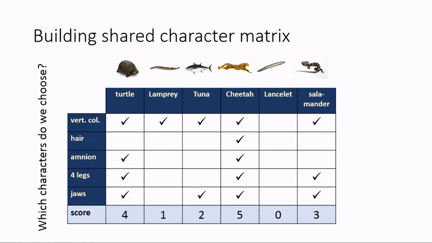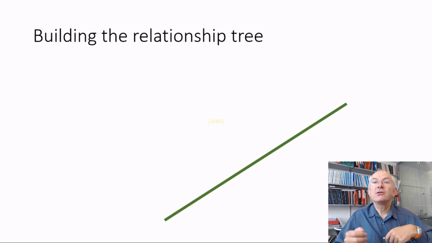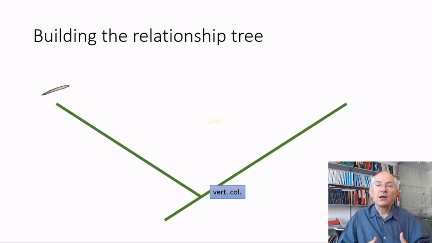We can usefully display this matrix in a tree, a relationship tree, which enables people to start at the bottom when they go out in the field, asking sequential questions about the presence or absence of characters to be able to identify the organisms that they come across in a systematic and consistent way. So, for example, the first question might be, does your organism have a vertebral column?